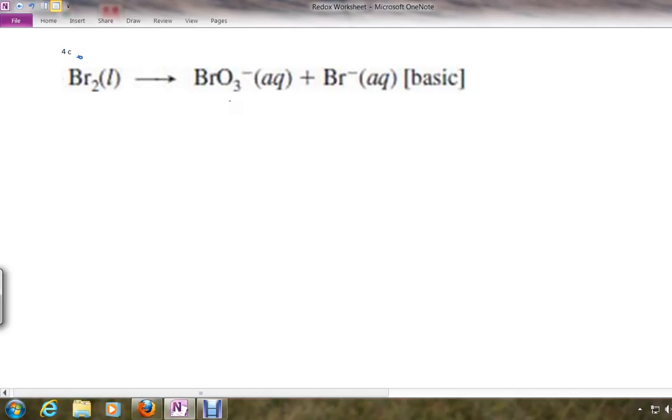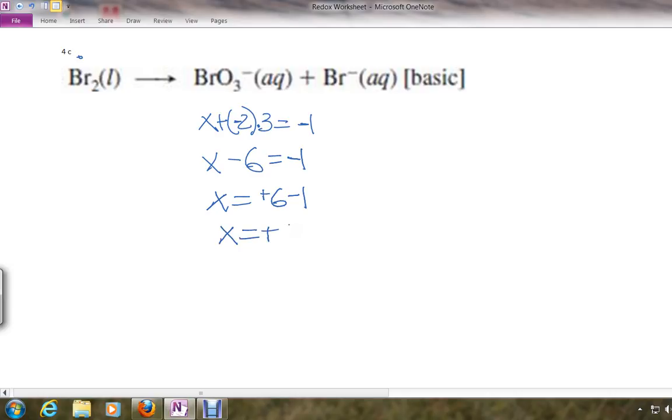So here goes from 0 to -1, and the other part of the bromine goes to x plus -2 multiplied by 3 equals -1. x minus 6 equals -1. The 6 goes to the other side, x equals +5.